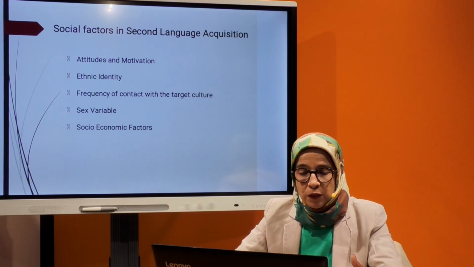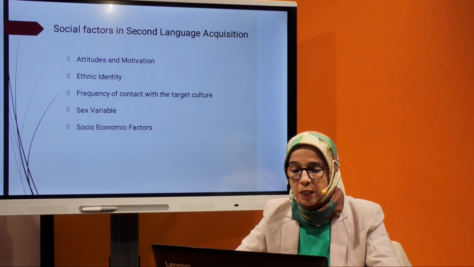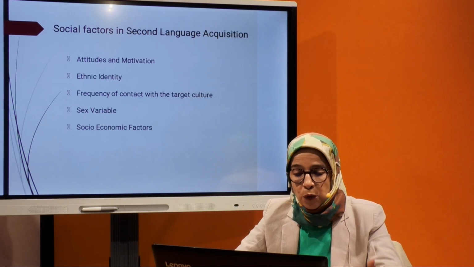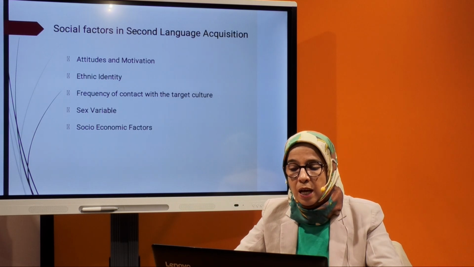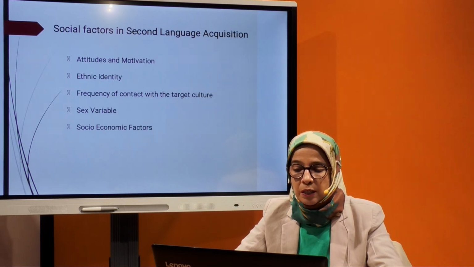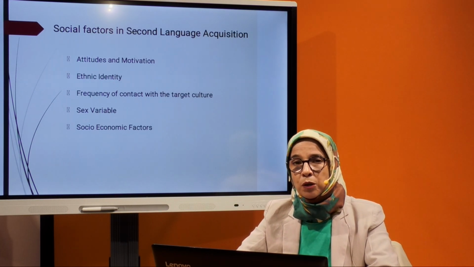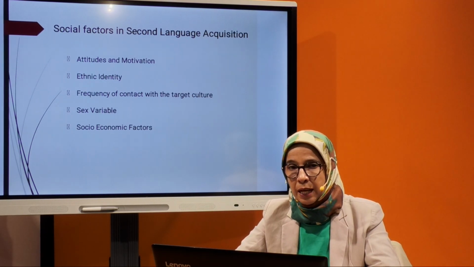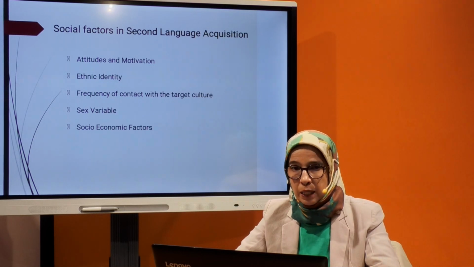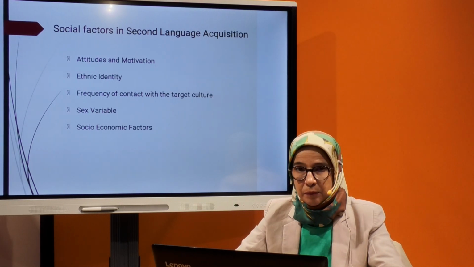We mean that the Whorfian hypothesis has influenced the field of second language acquisition to posit a correlation between second language learning and the almost inescapable adaptation of a second identity, which means that if you want to learn a second language, you should identify with the target language community, with the target language group, and you should adapt yourself to a new identity, okay?